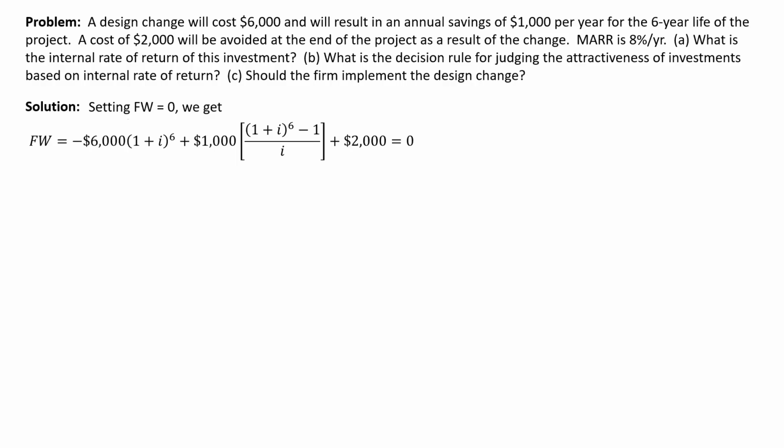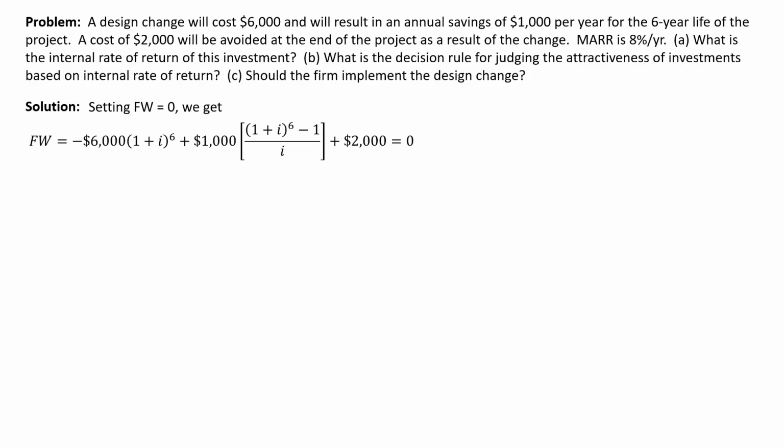Let's go over it. Future worth: it will cost $6,000, so in the beginning, right? So negative 6,000, and then projecting it to the future, t equals 6. And then annual savings of $1,000. That's a plus 1,000, and that happens every year for the 6-year life.